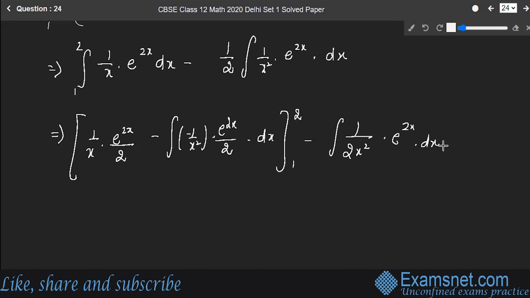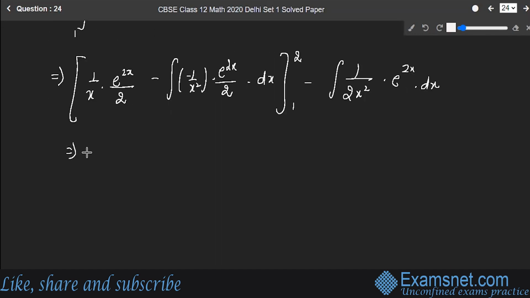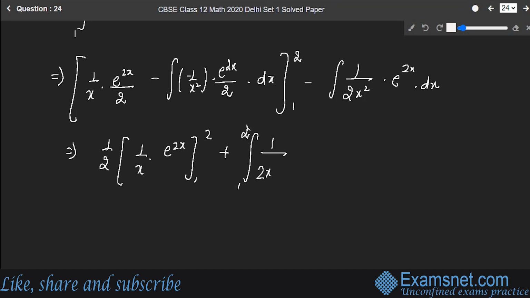Okay, fine. So this is equal to 1 by 2, 1 by x into e raised to power 2x, limits 1 to 2, plus integral 1 to 2 of 1 upon 2x square into e raised to power 2x dx, minus integral of 1 to 2 of 1 upon 2x square into e raised to power 2x dx.